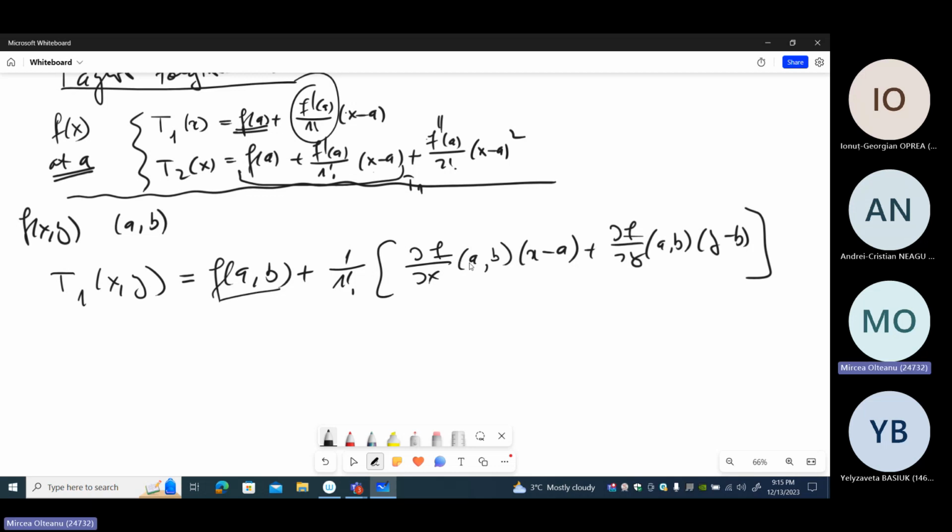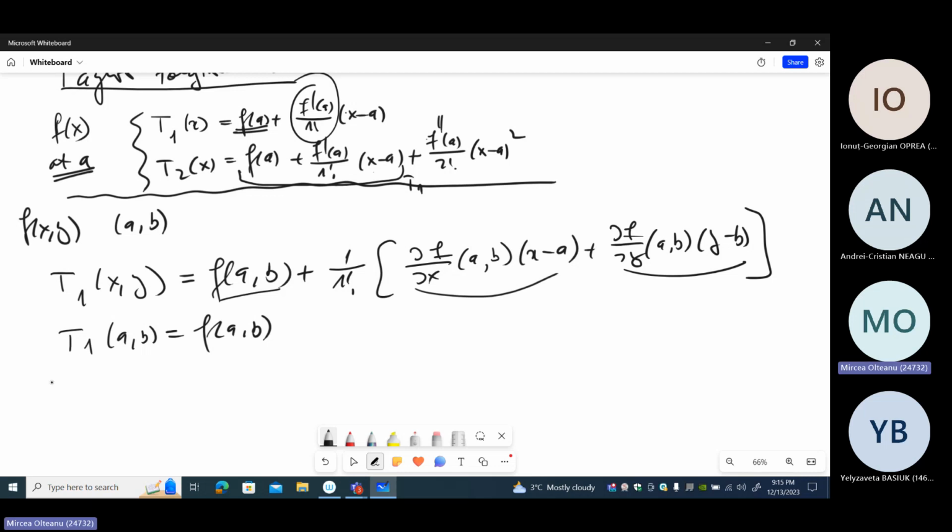The properties of this Taylor polynomial are very clear. Its value at (a, b) equals f of (a, b), because if we put here x equals a and y equals b, these two terms will be 0. So you get this one.